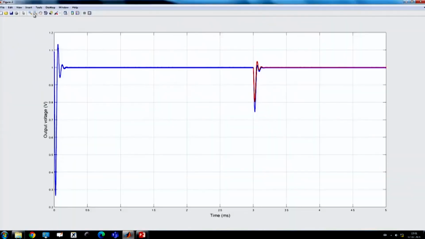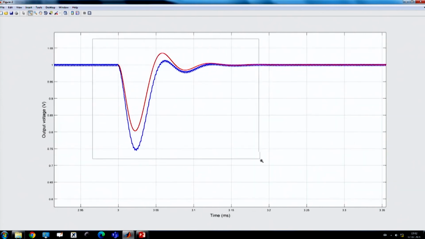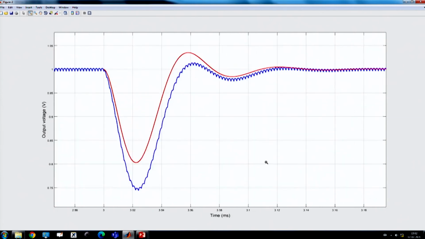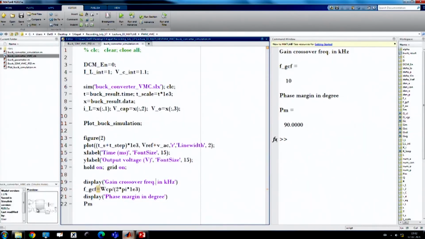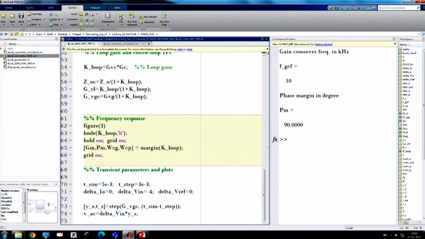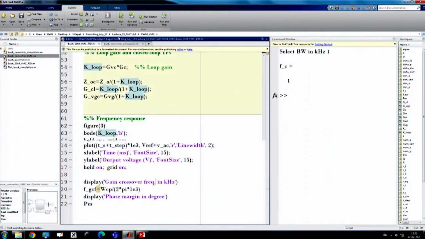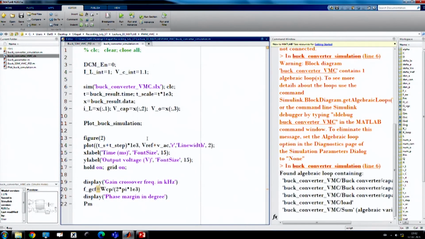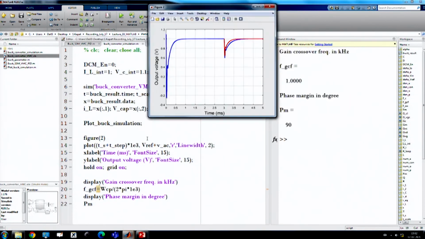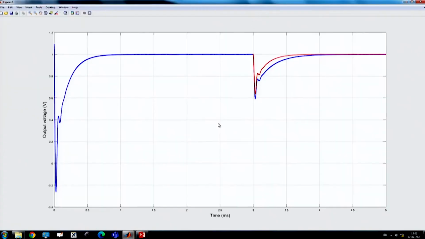Even for the supply transient it is not matching accurately, because the model starts diverging. If we go for very low, like 1 kilohertz, let us check how far the model matches. There is still some deviation.